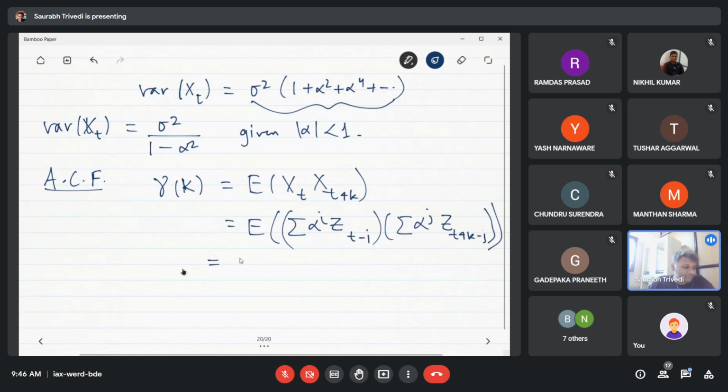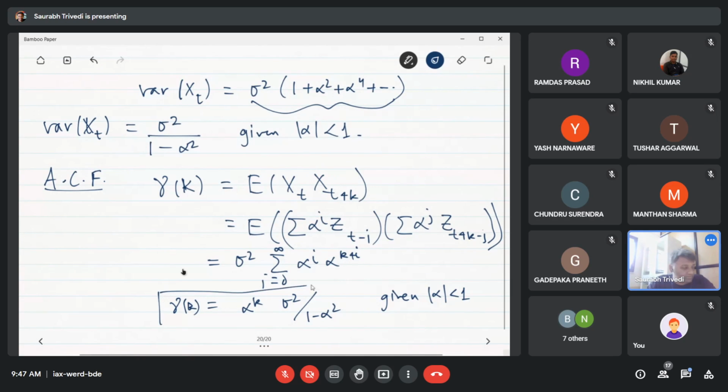So we'll be left with sigma squared summation i equals 0 to infinity alpha to the power k plus i, so this will be alpha to the power k sigma squared divided by 1 minus alpha squared, given that mod alpha is less than 1.